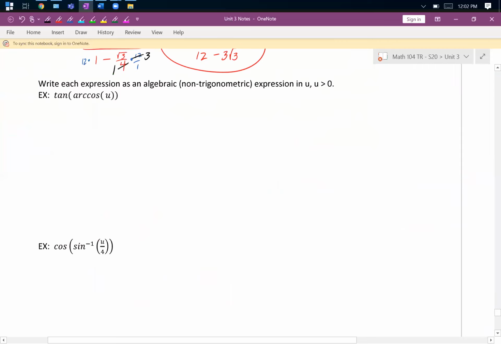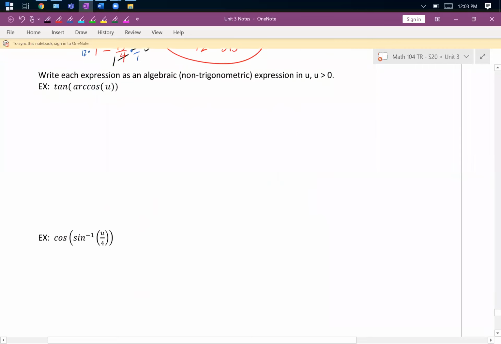All right, I really like these next two examples too. They're very similar to the first ones we did. We want to write each expression as an algebraic expression in U, where U is greater than 0. Clearly, U is not on the unit circle.